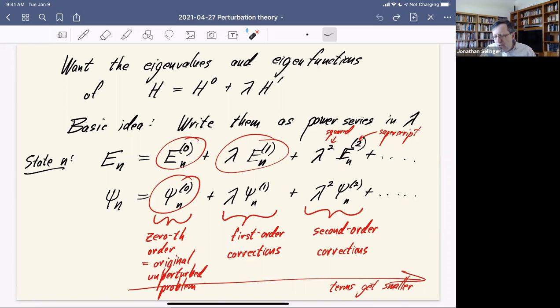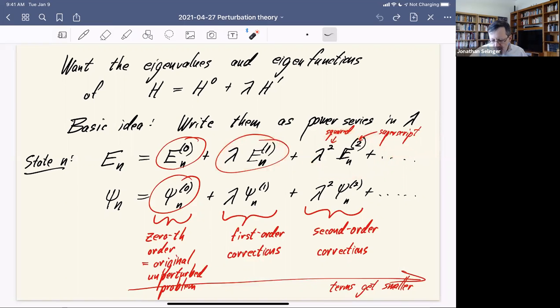For the energy eigenvalues, there's a 0th order term, which is the eigenvalue for the unperturbed, exactly solvable problem, plus our small parameter lambda times a 1st order term, and lambda squared times a 2nd order term, et cetera.